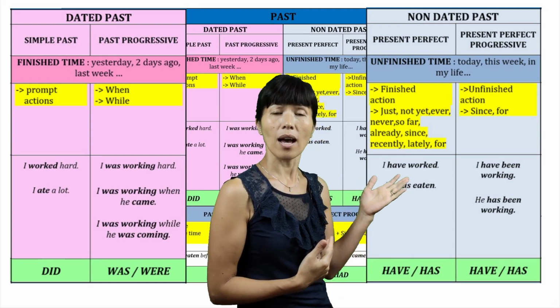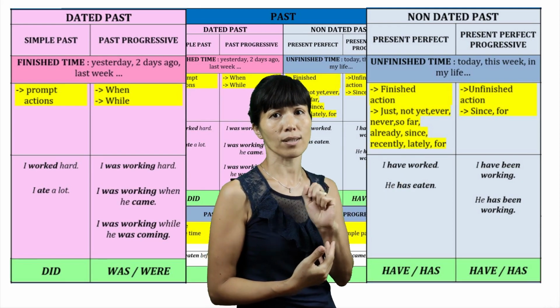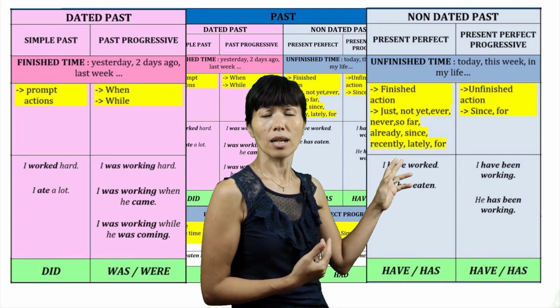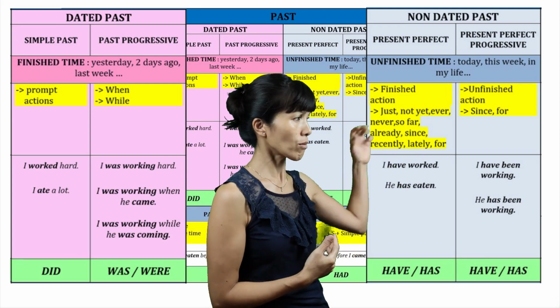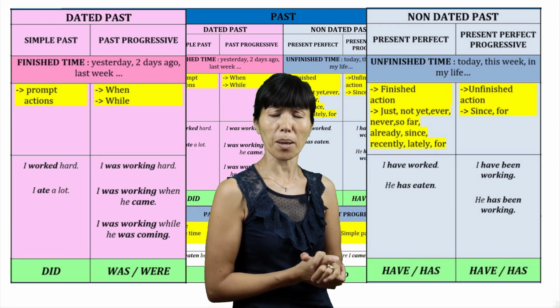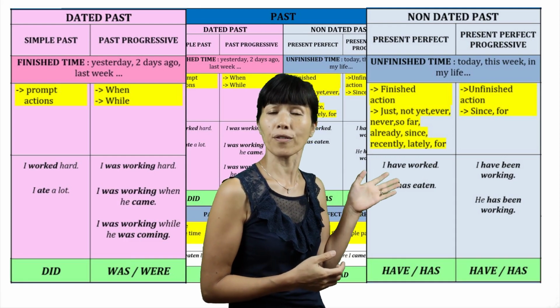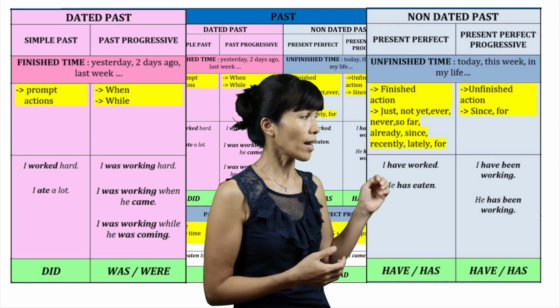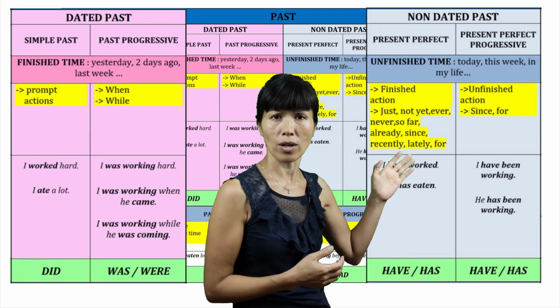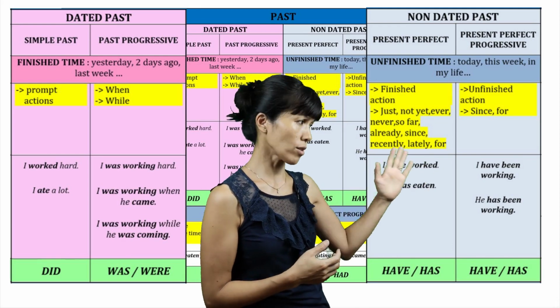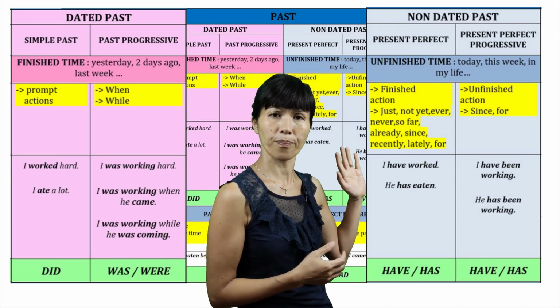Non-dated past, again, has two categories, two parts. There are two boxes that belong to the non-dated past. So let's focus on the present perfect. Present perfect and present perfect progressive are two tenses that will be in the white part of my chart, just next to the pinky part.